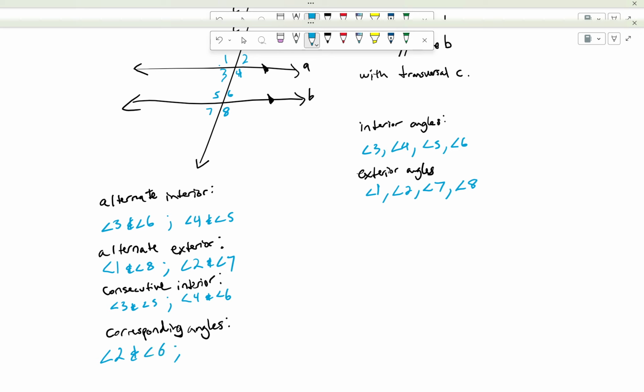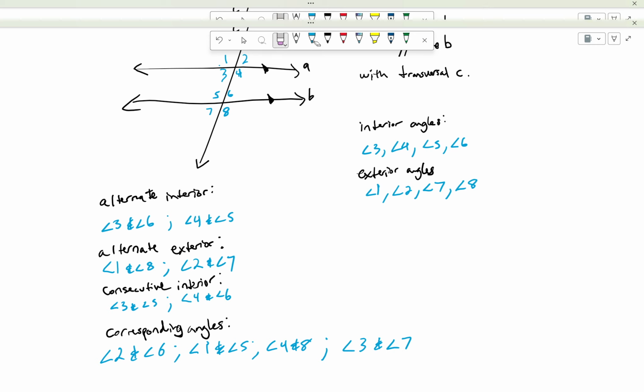Next, angles 1 and 5. Next, angles 4 and 8. So every angle here is going to have an angle that corresponds with it. 2 and 6, 1 and 5, 4 and 8, 3 and 7. Actually, that's all. I've listed all 8 angles.